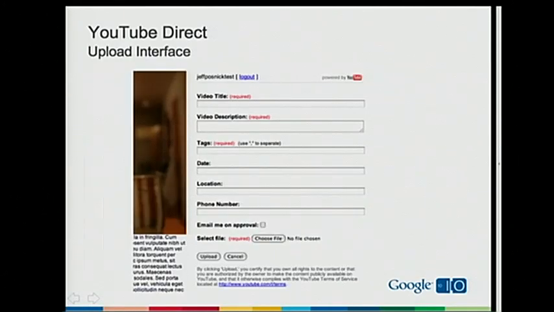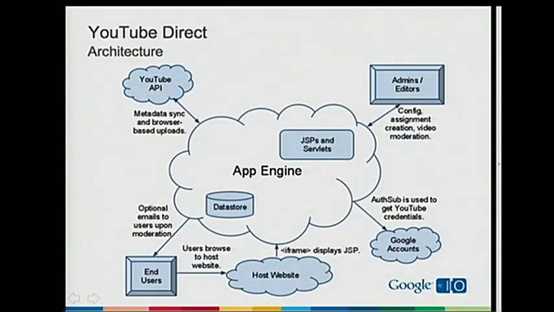We went through all this, and this is a brief, high-picture overview of how we built YouTube Direct. At the center, an appropriate cloud is App Engine. So this is written using the Java version of App Engine, a bunch of JSPs and servlets.